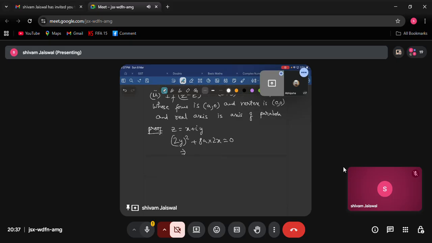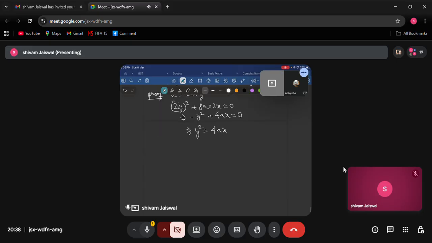Dividing by 4, we get minus y square plus 4ax is equal to 0. This implies y square equal to 4ax. Are you getting this now? How are we getting the equation of a parabola?